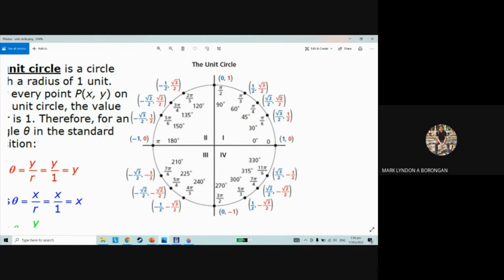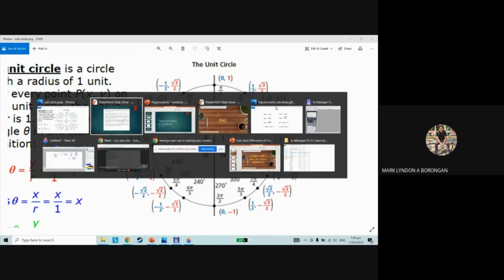For pi over 4, it is square root of 2 over 2 and square root of 2 over 2; in some quadrants both become negative, in others only one becomes negative. If you divide a number by itself, your answer is automatically 1, right? So it's obviously 45 degrees or pi over 4.